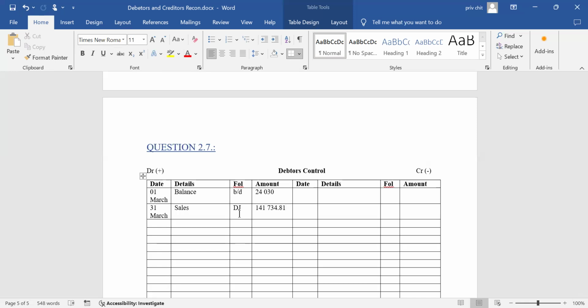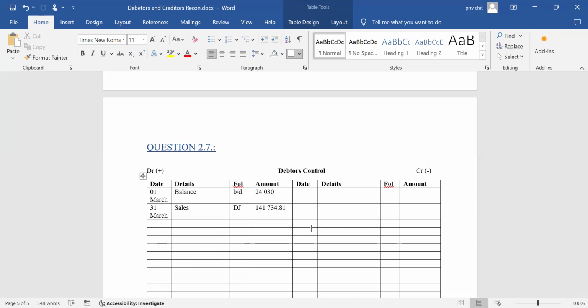The next one, there's total of the debtors control in the cash book receipts. Total of the debtors control in the cash book receipts. It means we have received money or payment from customers. So when customers pay us for the goods that they had acquired on credit from us, does that increase or does that decrease the debtors control?